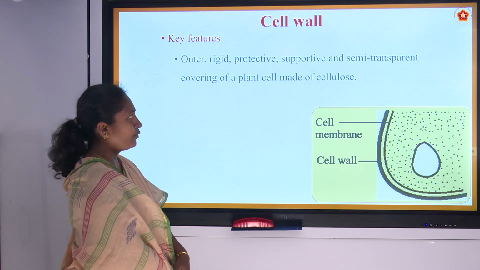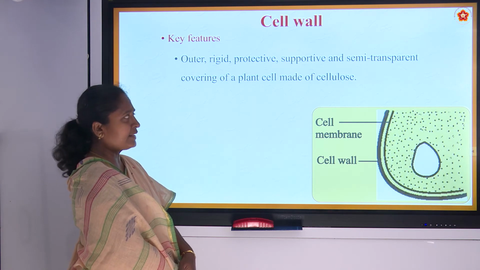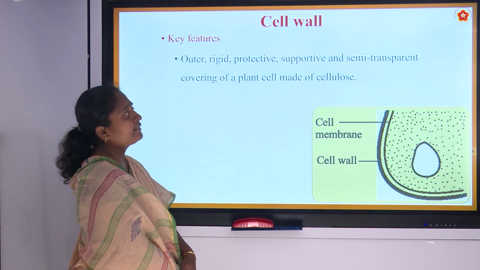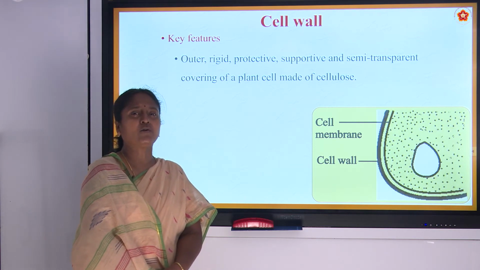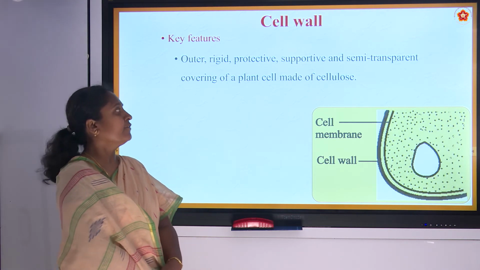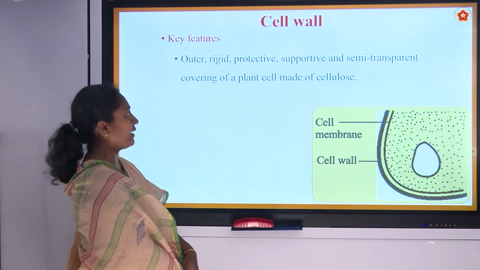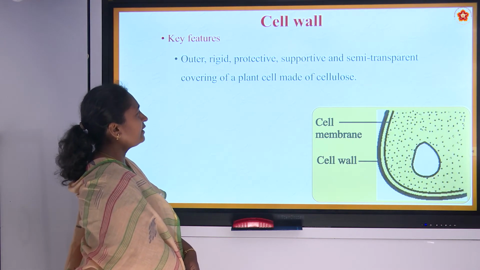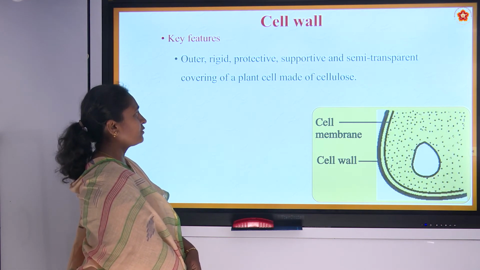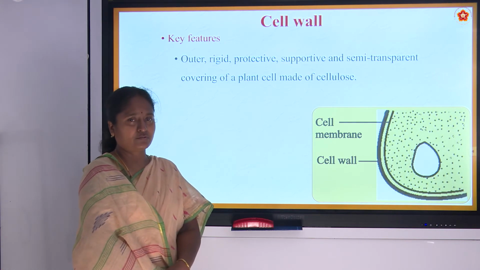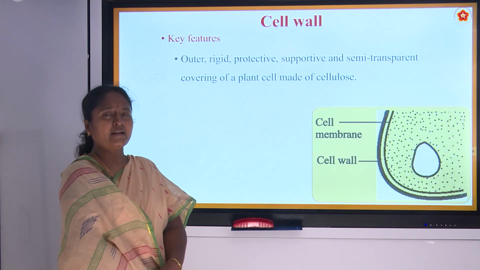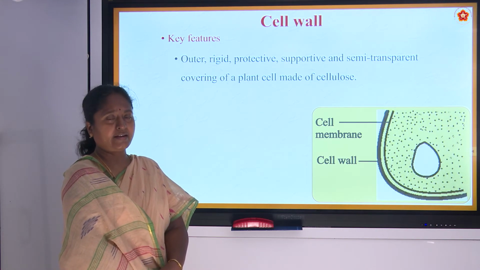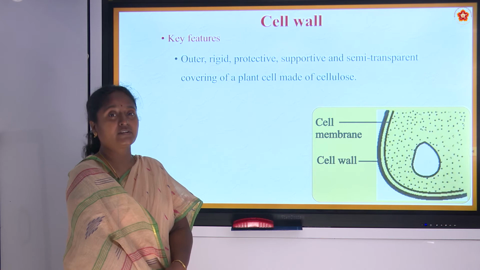It is supportive in nature, supporting the cell structures, and it is semi-transparent. It is not fully transparent, it is a little opaque structure only, okay. We can see it around a plant cell. This covering is mostly made up of cellulose. A new term you are learning, cellulose. Cellulose is a complex carbohydrate, like the big long starch we have studied, right.